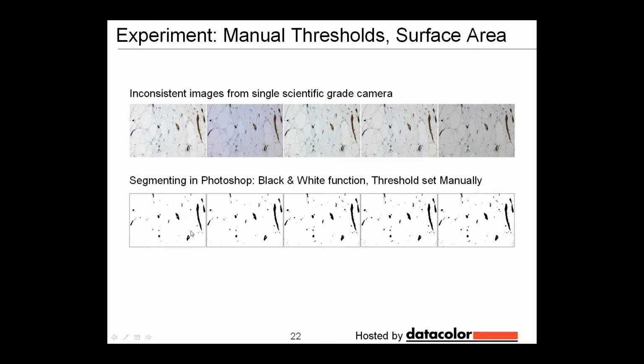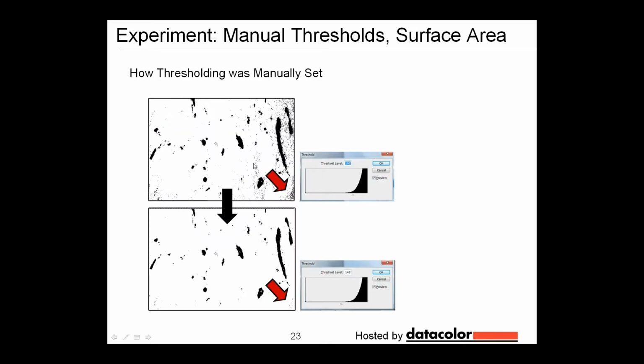And you can see that there's a little bit of a difference here. If you look at this feature here, it's kind of closed up over here. And to try to keep myself from being biased in doing this, I actually would set the threshold level by looking for noise in the background. When that noise was virtually gone, I left the threshold level at that point.